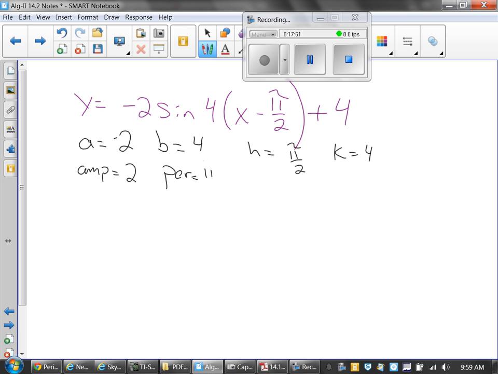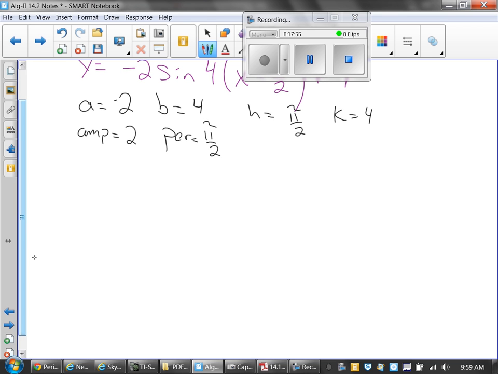Pi over 2. The period is going to be at pi over 2. So I start my sine. Bring out pi over 2 here. Pi over 4. Pi over 8.